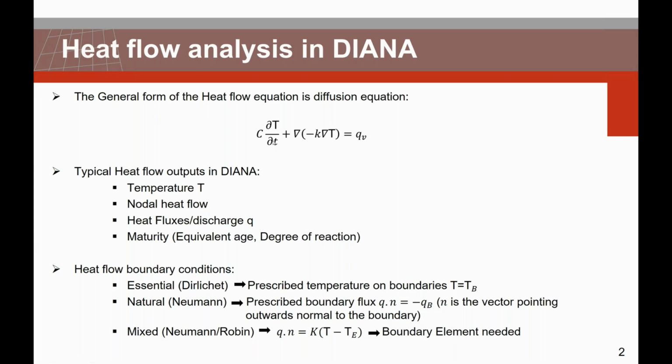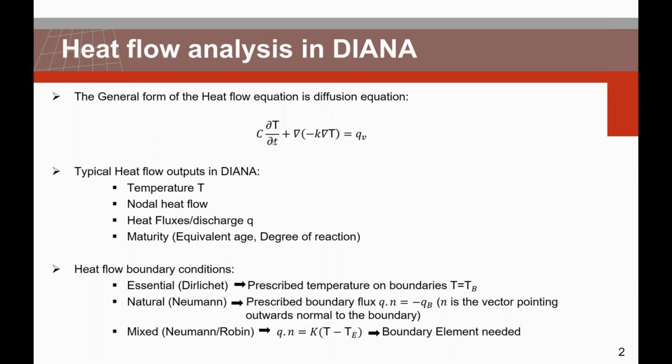Typical heat flow outputs in Diana are the temperature, T, the nodal heat flow, the heat fluxes and discharge, and also maturity in terms of equivalent age or degrees of reaction.